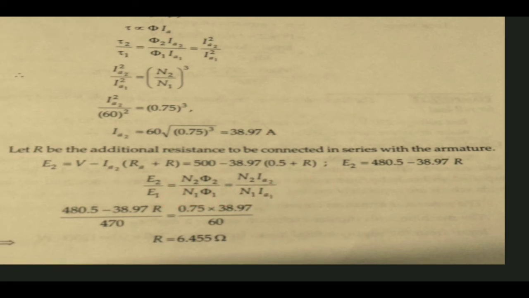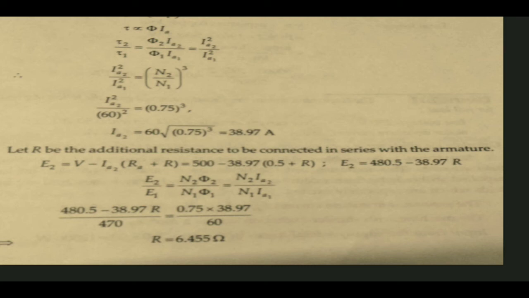So E2 equals 480.5 minus 38.97 R. And we know the speed equation, E2 by E1 equals N2 phi2 by N1 phi1, and in case of a series motor, phi is proportional to I. So N2 into Ia2 by N1 into Ia1.